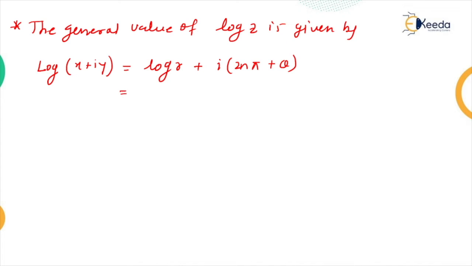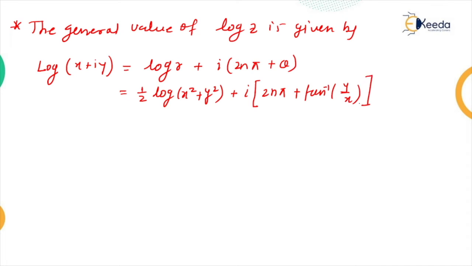You very well know that log r means 1 divided by 2 log of x square plus y square, plus i into the bracket 2n pi plus theta. Theta is called the amplitude of the complex number, which is tan inverse of y divided by x.